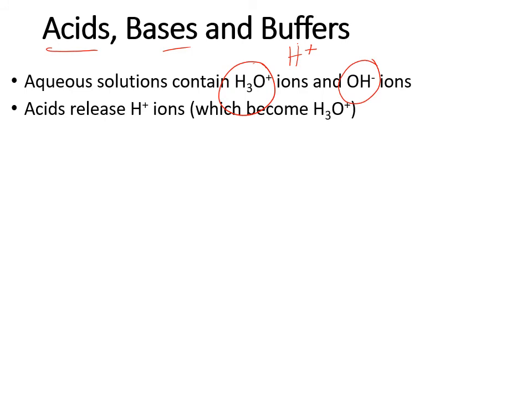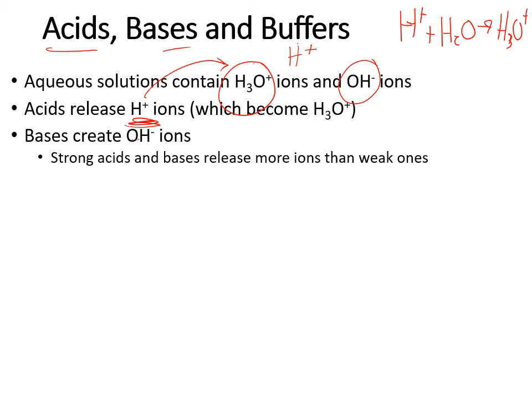Something that is an acid will release hydrogen ions, and that's how we get these hydronium ions. If you take a hydrogen ion and add a water molecule, you get a hydronium ion, H3O+. That's what happens when an acid interacts with water. It produces these hydronium ions.